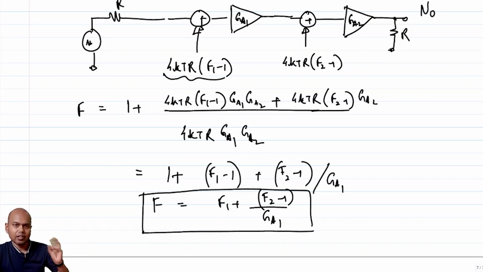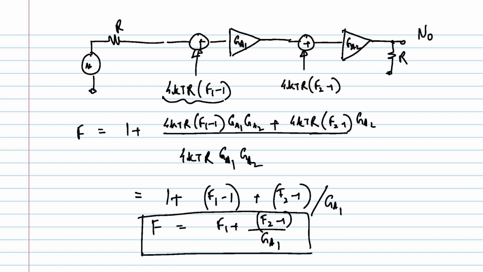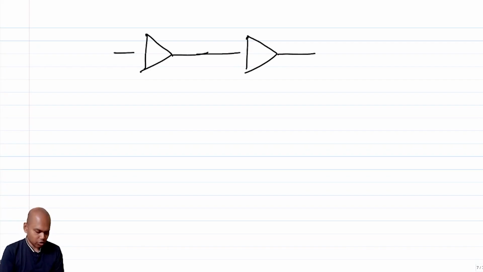Now this is quite the opposite with regards to distortion. In distortion, the characteristics of the subsequent stages mattered, but in the case of noise figure, the noise figure of the first stage matters. And why does that make sense intuitively? Similar to distortion, think about what cascading stages do.